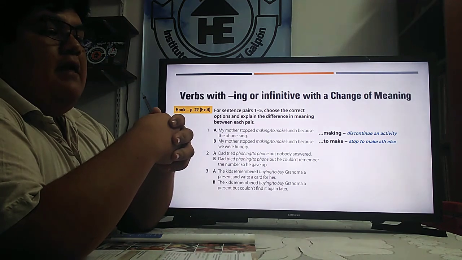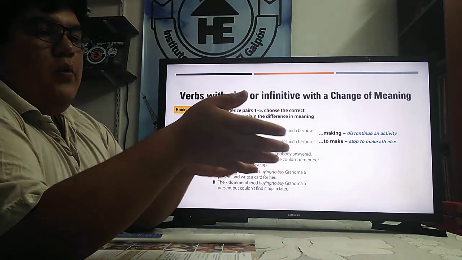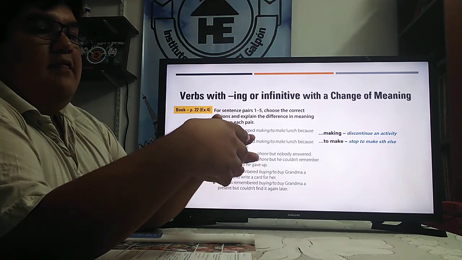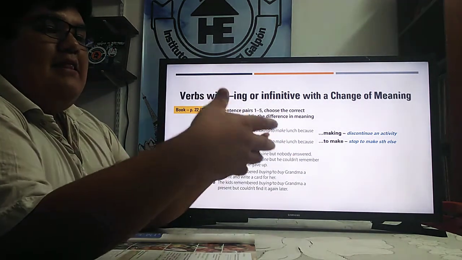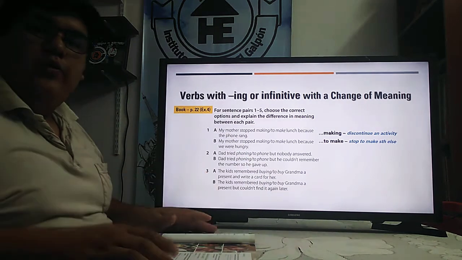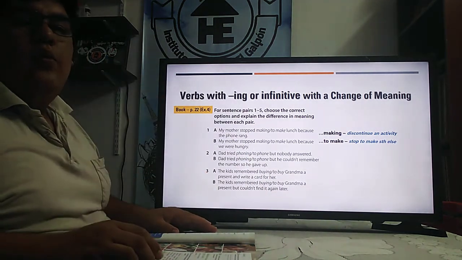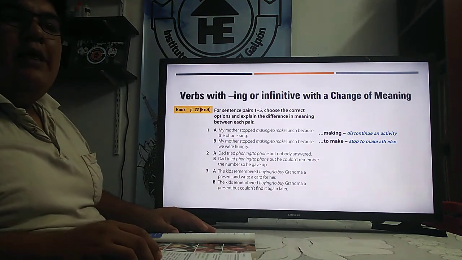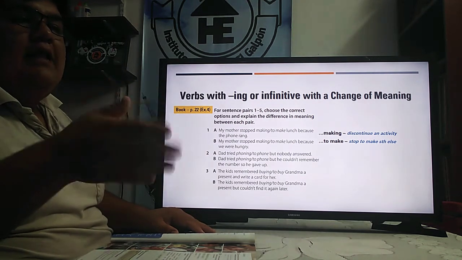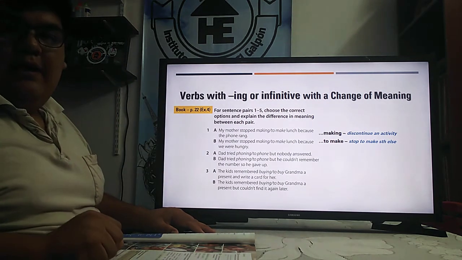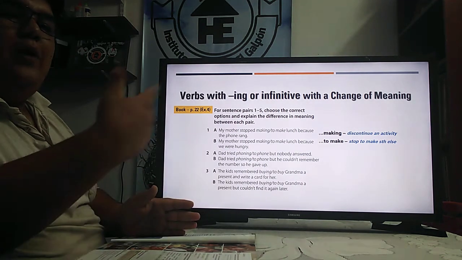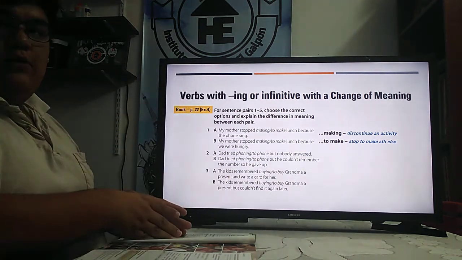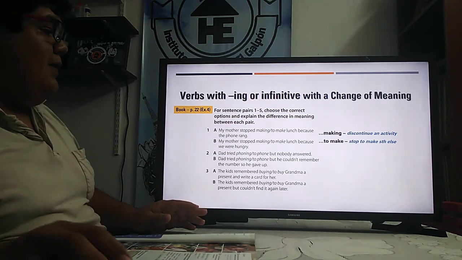I can say he stopped to smoke because he felt the necessity to go and have a cigarette. But the idea is that then he's going to get back and continue with what he was doing, okay? For example, he was watching a movie and he stopped to smoke a cigarette outside. That is to stop doing something, to do another thing, but then get back to the previous action.